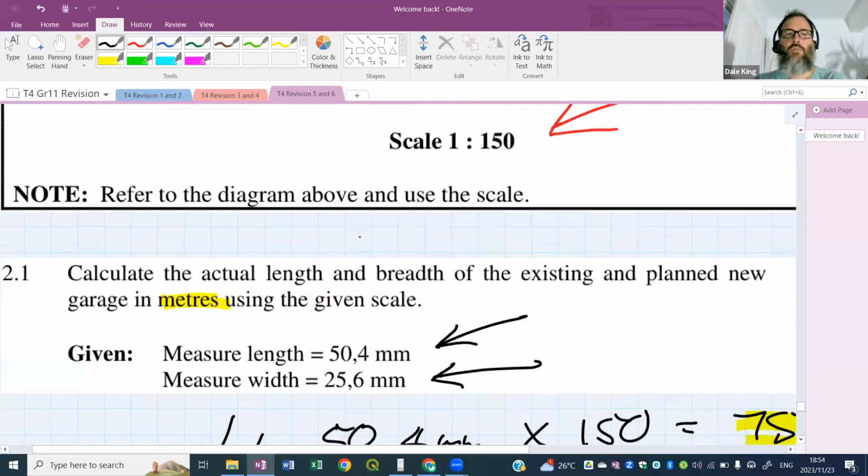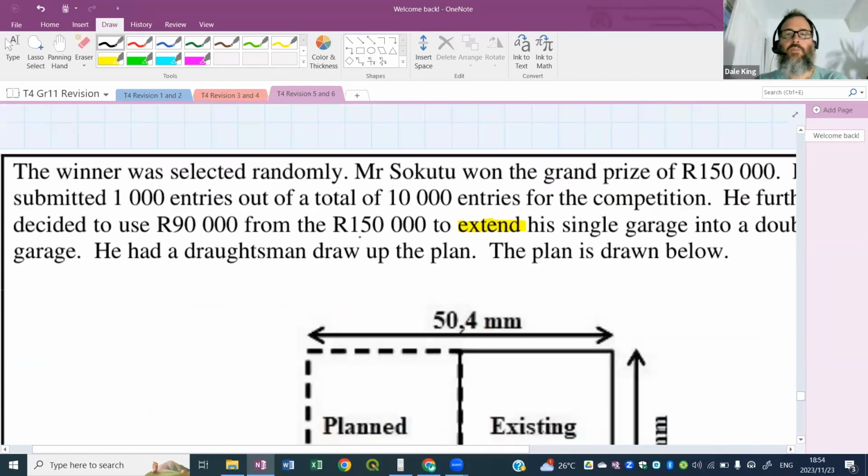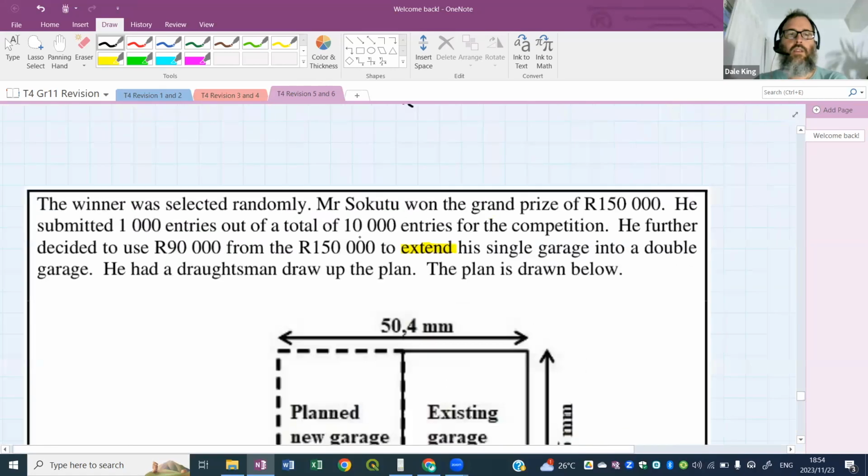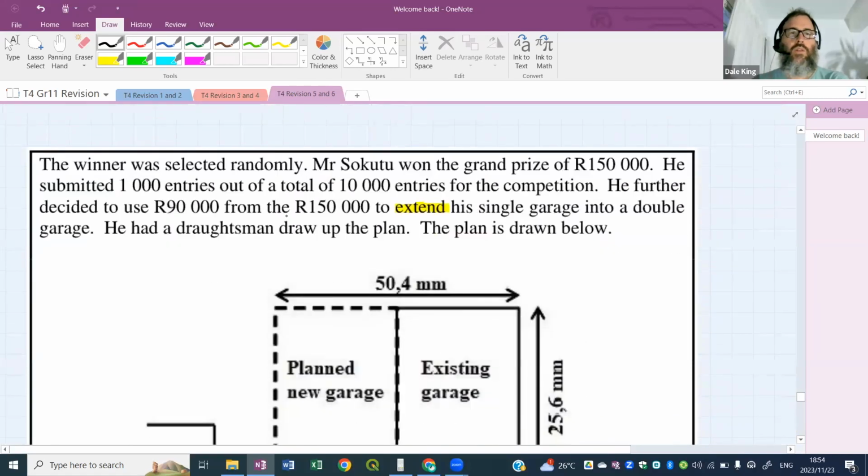All right, let's go back up to the text here. There's the text. This winner was randomly selected. Mr. Sokutu won the grand prize of 150,000. He submitted 1,000 entries out of 10,000. Ah, Keon, you're too good. So he submitted 1,000 out of 10,000.